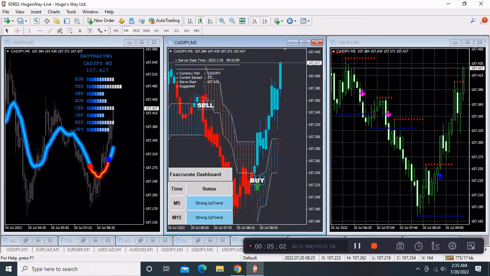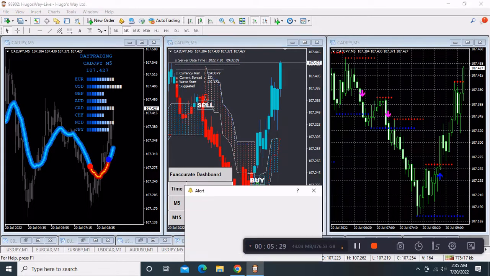This third indicator, which I love, is a breakout indicator. All three of these indicators I've done videos about already, and you can go back and check them out. The sole purpose of this third indicator is that it shows arrows when the candles are breaking support or resistance.